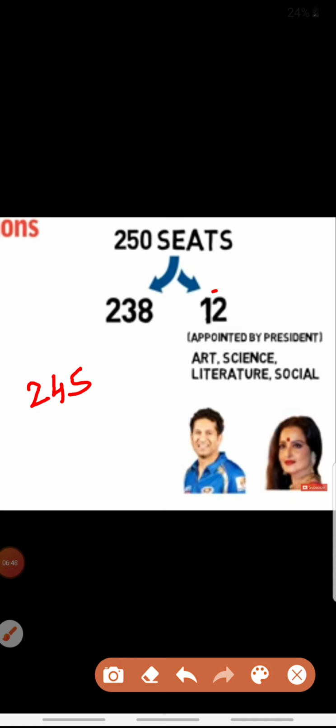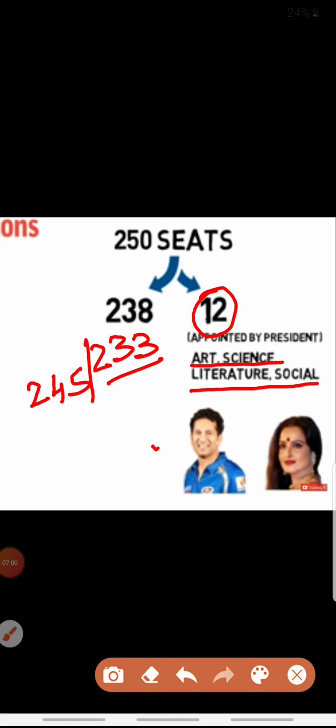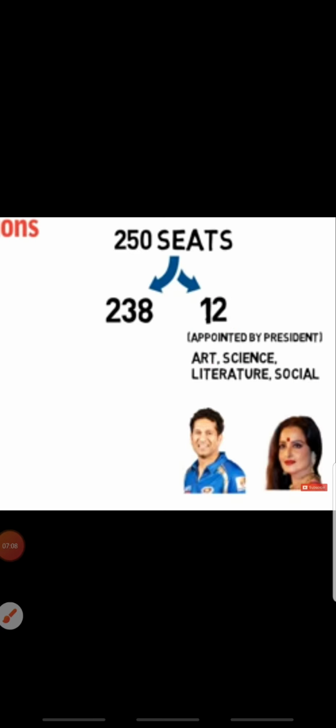And these members are distinguished personalities of different fields such as art, literature, etc. So here you can see in the picture Sachin Tendulkar and Rekha were nominated by the President for the seat of Rajya Sabha.